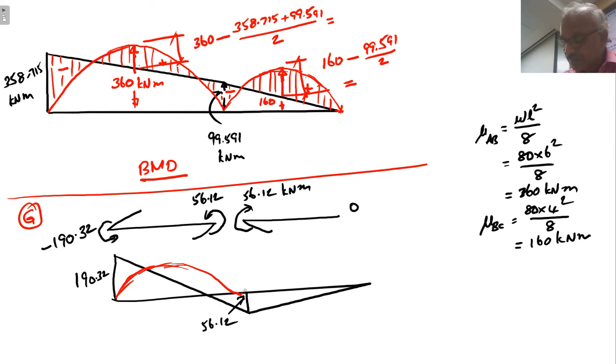Sorry, the diagram, the board is very smooth. So this is the value, and here this value is 100. This value at the center is 100, and here the value is 56.25.